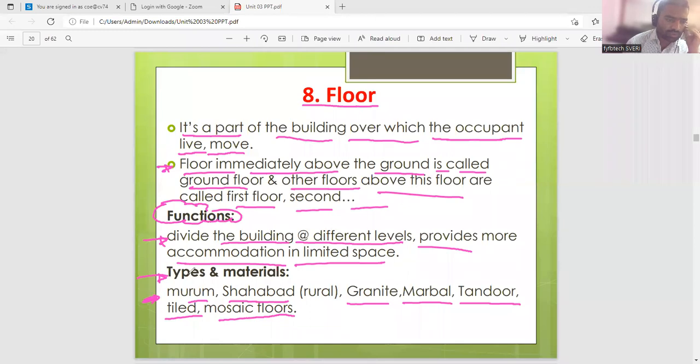Okay. Muram, Shahabad, granite, marble, tandoor, tiled, mosaic floor. Okay, these are the first time you are coming across this type of words, correct ना? इसके पहले आपको पता नहीं था, सुना है था, but शाहबाद सुना था. Okay, granite, marble, tandoor. Okay, these are the types.